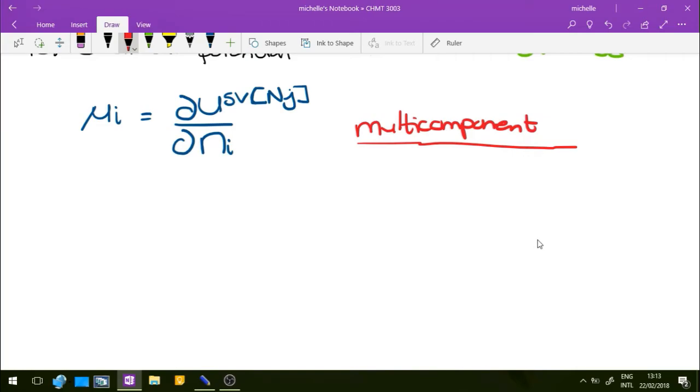mixtures, which we'll learn in second semester, but it was to introduce you to it in case you have, for example, u as a function of S, V and Nj molecules.